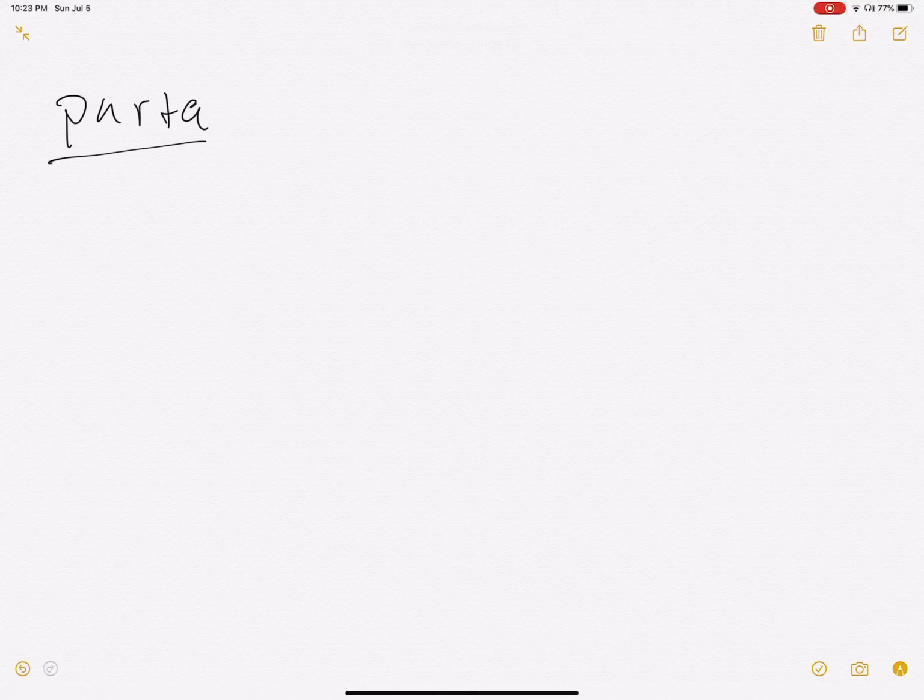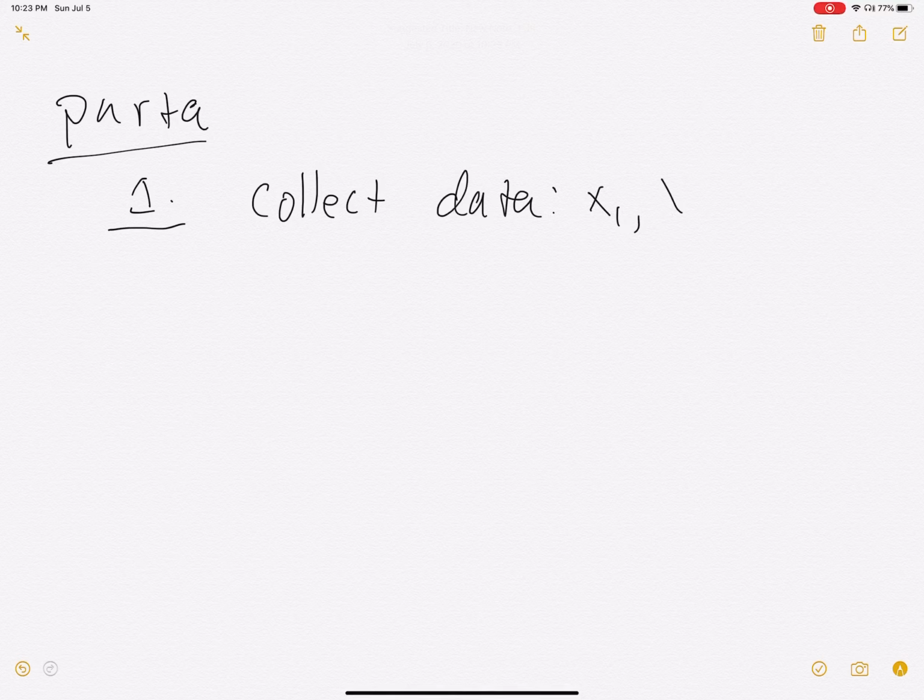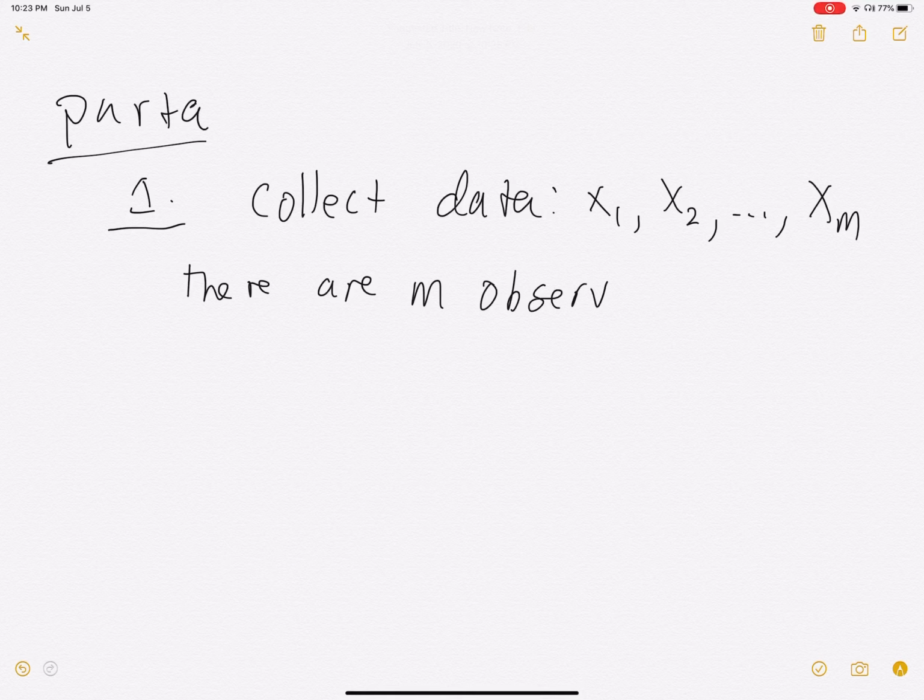Part A, so the first step is to collect data. And let's call this data x1 through x sub m. Okay, so there are m observations.